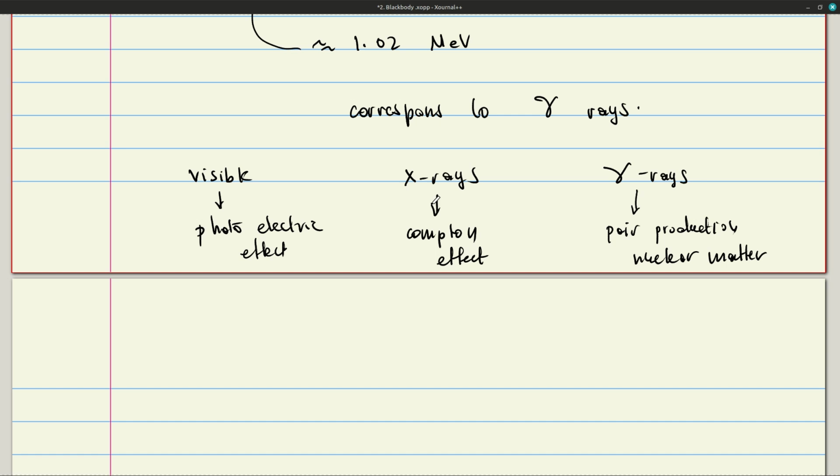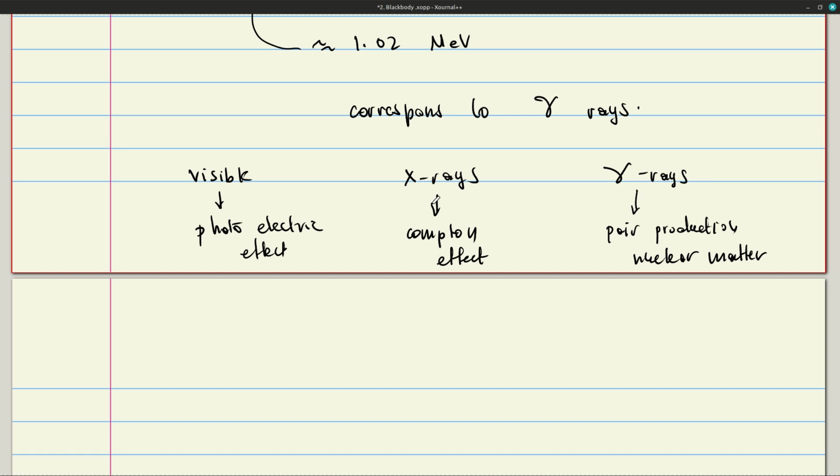And that is exactly what we talked about here, right? So energy, momentum, and charge are all good in the presence of the nucleus. Then this process happens. The only requirement is you have to have enough energy. If you try to do this with visible light, it is not going to happen because you need at least 2 mc squared energy, which is 1.02 MeV, right?